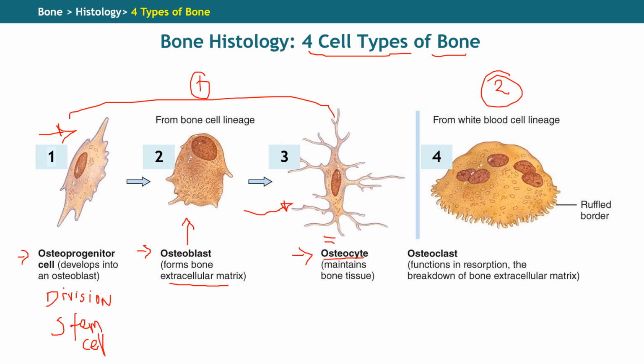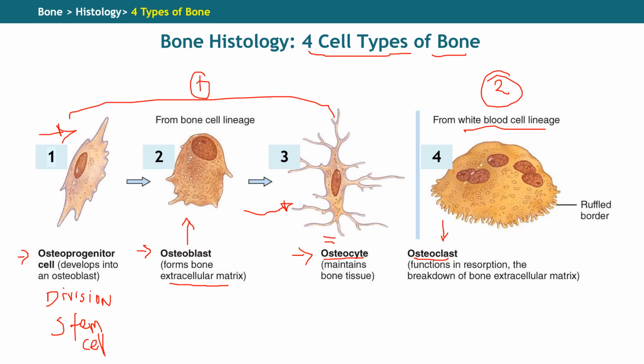They come from a different origin, and in this case, it comes from white blood cell lineage, so from other type of cells. So these two type of cells have different origin, and the other function that they have is that this cell called osteoclast, instead of increasing the amount of bones like the osteoblast, or maintaining the amount of bones, is going to destroy, break down and reabsorb the bones.